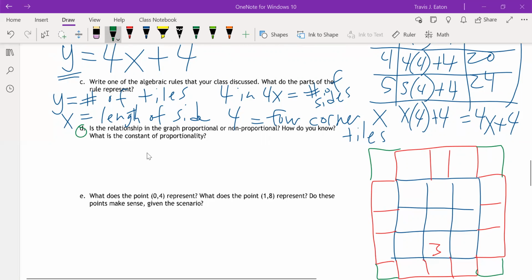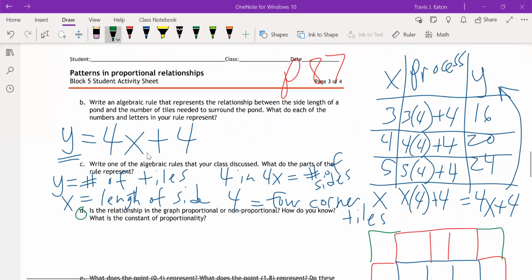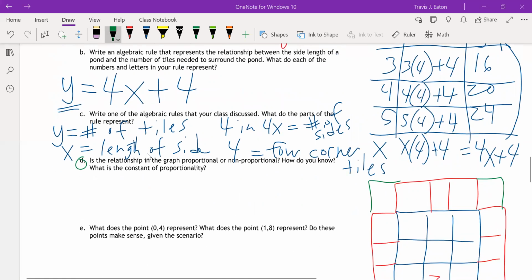So think about it. When we look at each of these values in the table, when we divide y by x, do we get a constant? Is there a constant value? 16 divided by 3, 20 divided by 4, 24 divided by 5.